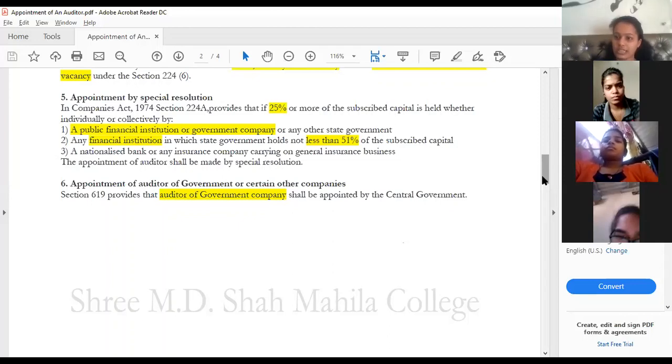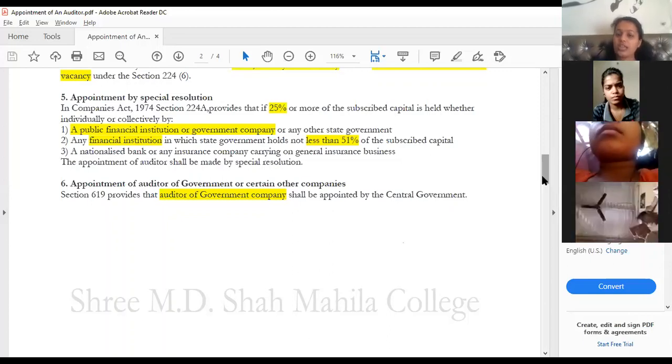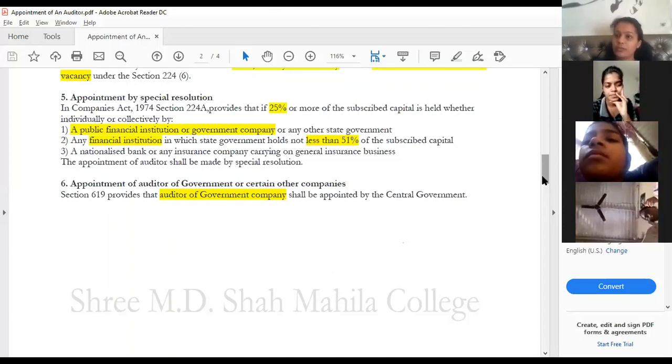Special resolution is nothing but when you need approval of more than 75% of your shareholders. More than 75% of the shareholders have to agree upon the decision, so in such a situation there is the need to pass a special resolution before appointment of an auditor.